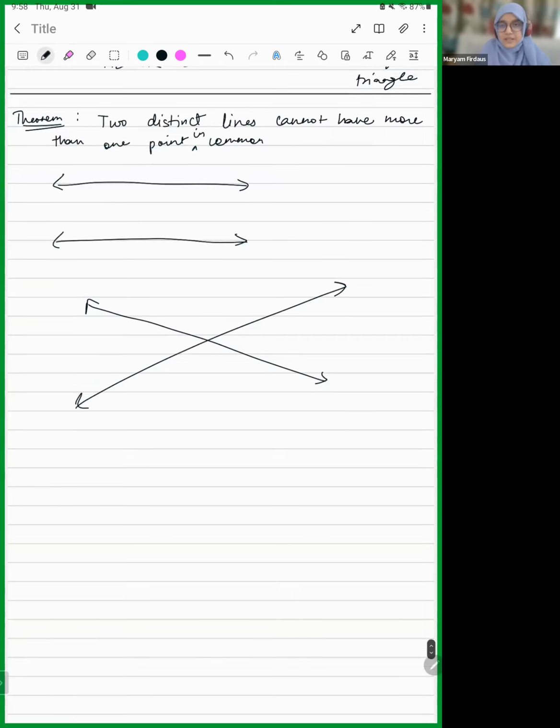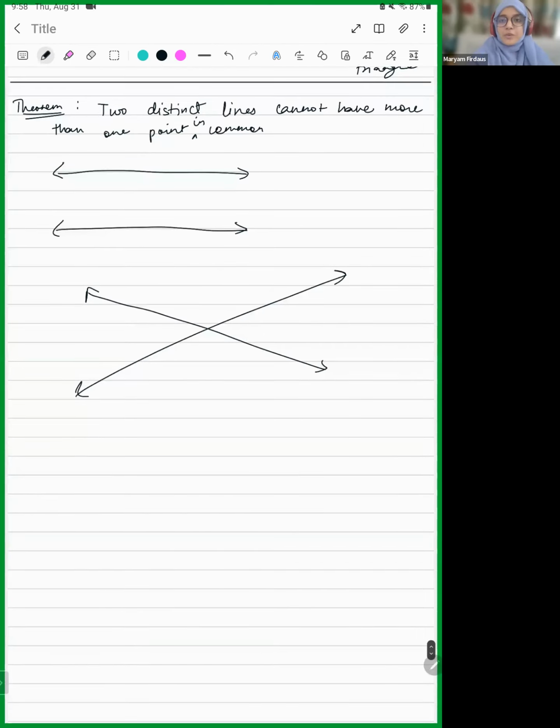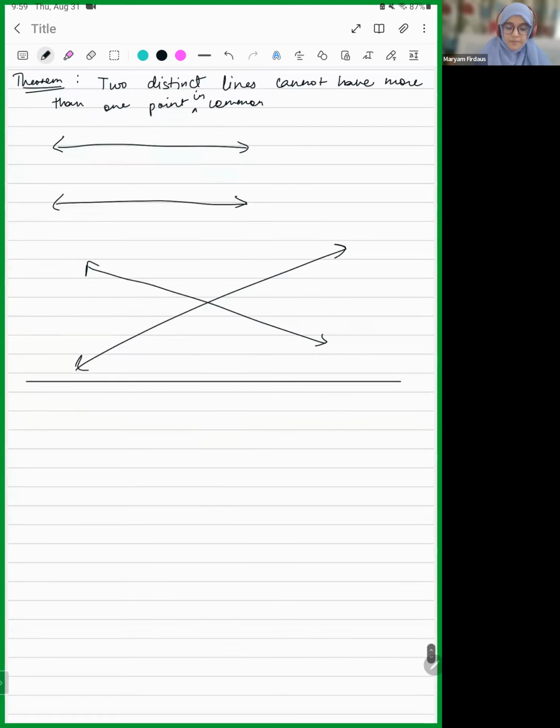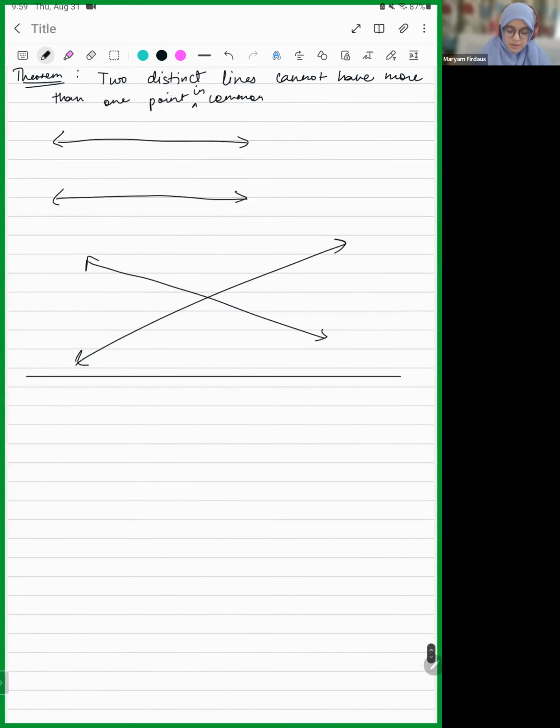Now, how do we prove this? How do we prove this using Euclid's postulates? Let's just assume that someone is saying there can be two points in common.